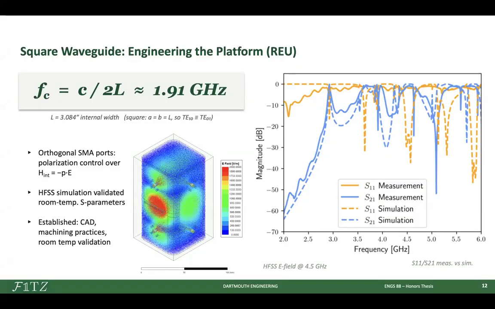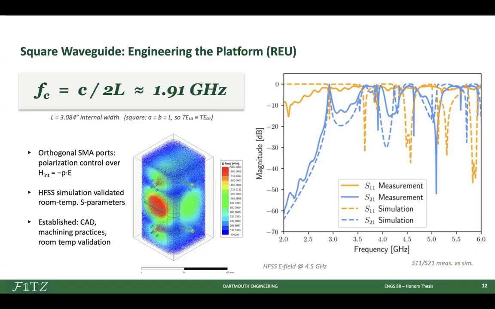The difference here, apart from it being a square, is that it has orthogonal ports. In theory, this would give us more control over the electric field within our device. Depending on which port we drive, we'd be able to point the direction of the electric field.